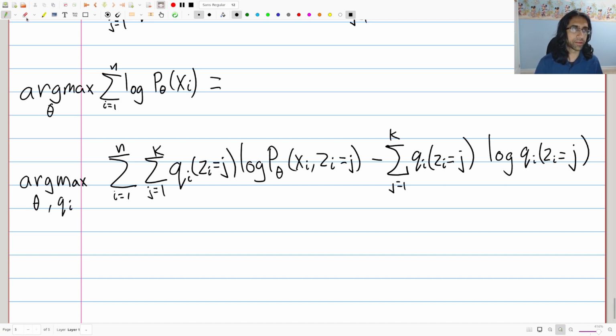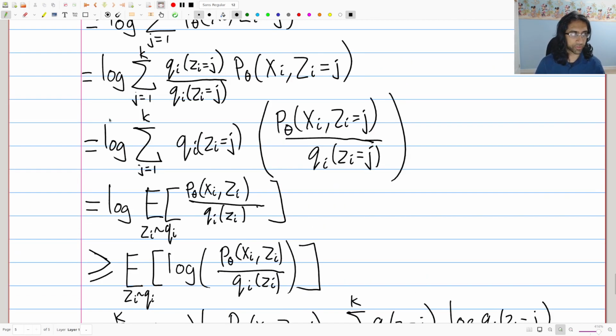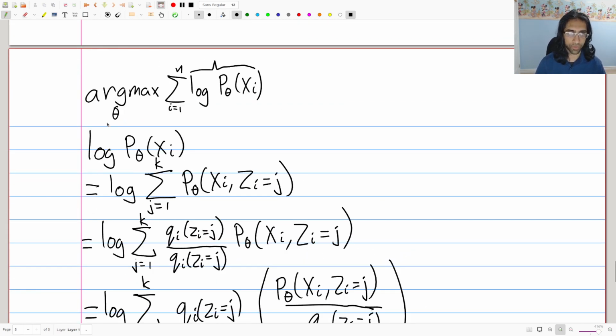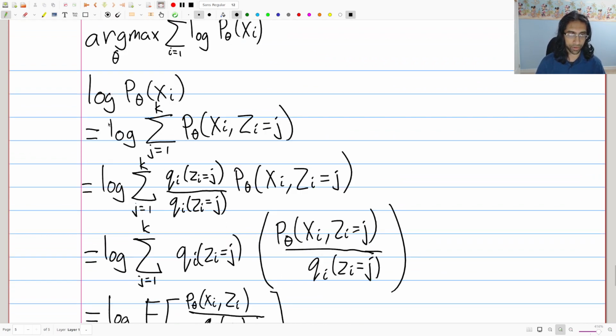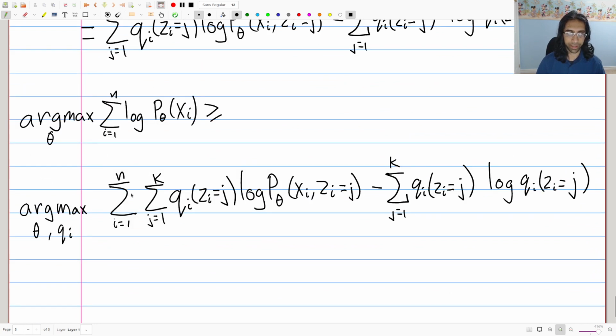And sorry, this is not an equality. This is an inequality. Okay, so this is what we were trying to optimize in the first place. That is the log likelihood. And what we have done is, via a series of transformations here, which hopefully you followed, and if not, take a careful look to see if you understand each individual step, we managed to get it to another expression here.